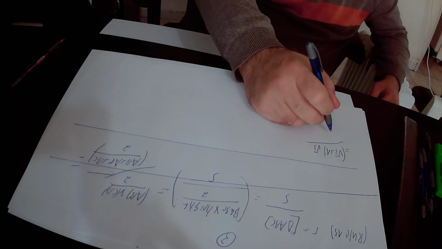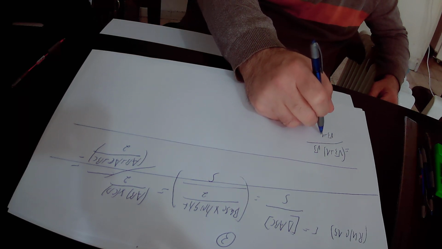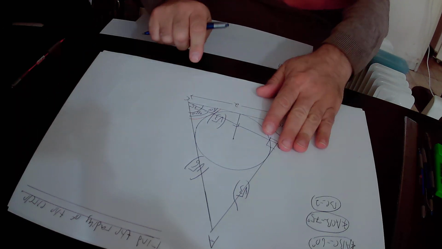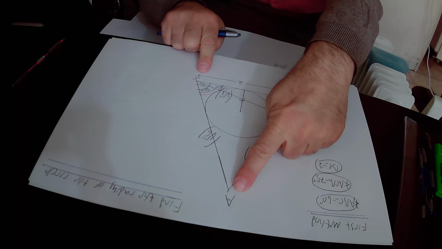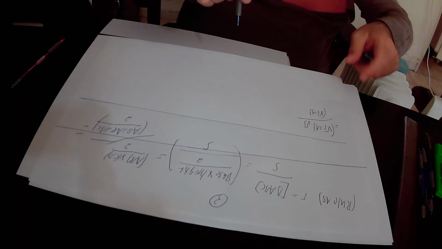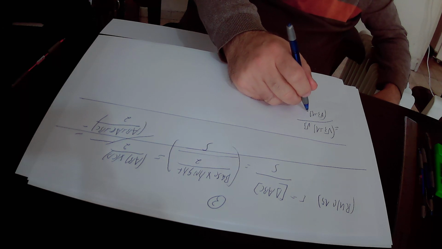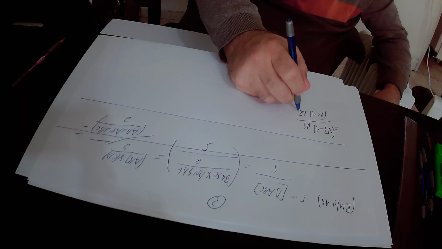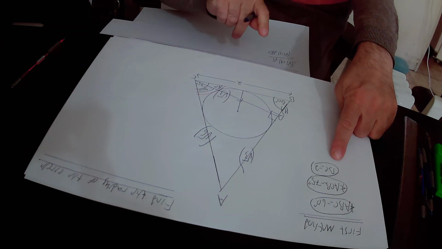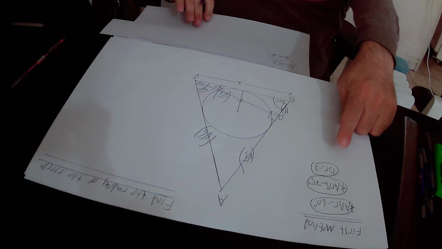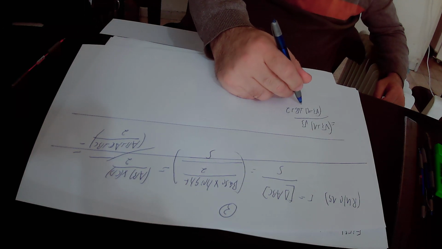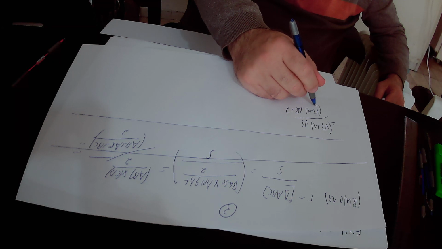AB again is the square root of 3 plus 1, plus AC. We already found out that AC equals the square root of 6, plus BC. BC equals 2 units according to what is given in the question. And we have to divide the perimeter by 2.